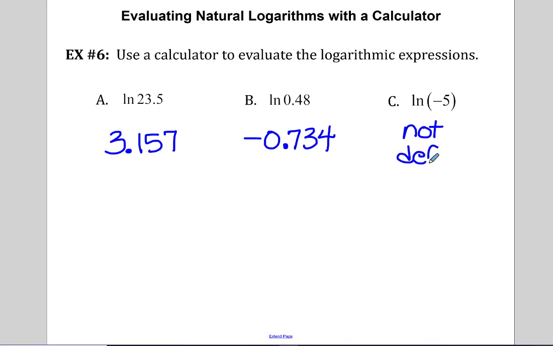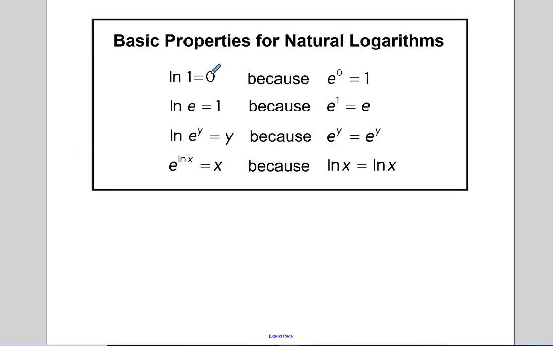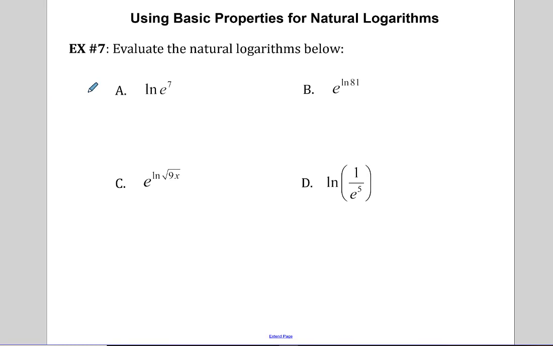That's not defined, undefined, doesn't exist, not possible. And then here are our properties. We know natural log of 1 is 0 because e to the 0 is 1. And so on and so forth. So we saw those earlier, but now we're going to use those properties to evaluate the natural logs.